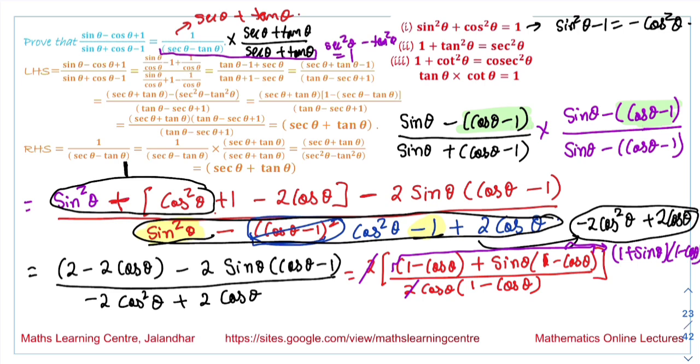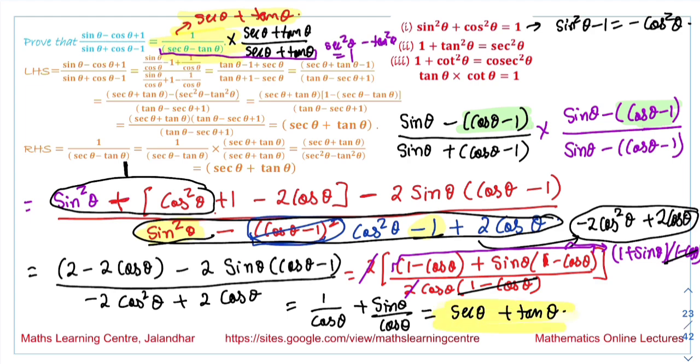Now this 1 minus cos theta gets cancelled from both terms, and what we are left with is 1 over cos theta plus sin theta over cos theta, and this value is equal to secant theta plus tan theta. This is equal to the right hand side, and hence the proof.